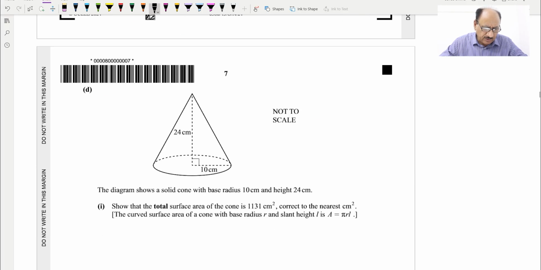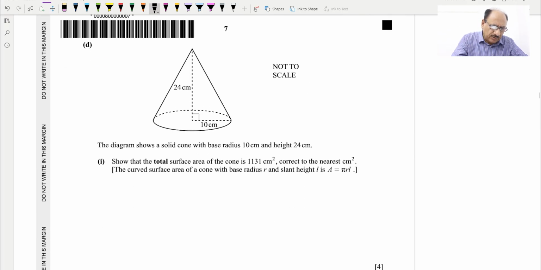Now the D part says diagram of the cone is provided which is not to scale. The diagram shows a solid cone. Again, the word solid is important. So solid cone with base radius 10 and height is 24, and show that the total surface area.